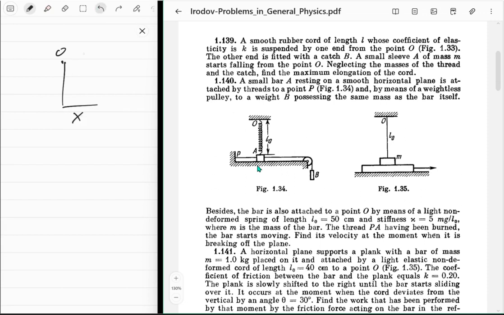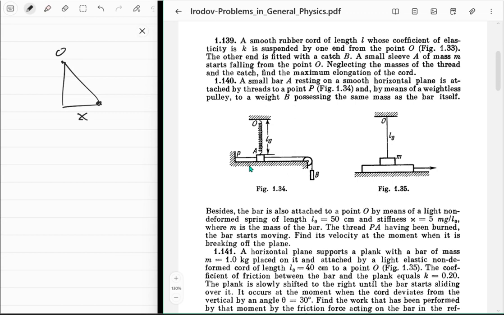So this is A over here. Okay, no, let's use x to actually mean the deformation. Or you know what? No, just use x.